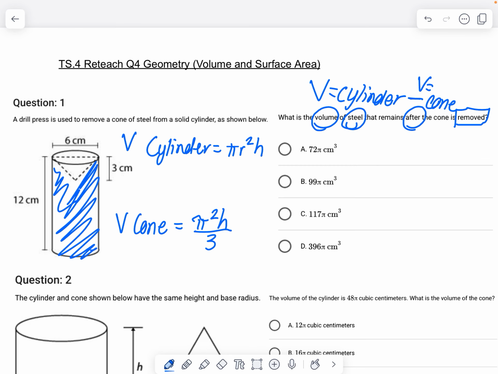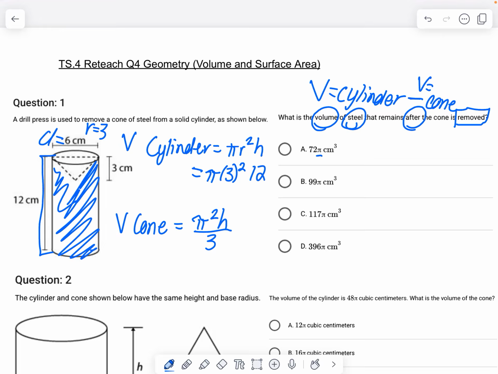Let's solve what's going to be happening over here. For the cylinder, they give me a diameter of 6. I don't want the diameter, I want the radius, so I divide the diameter by 2. The diameter is 6, so 6 divided by 2 gives us a radius of 3. Let's plug in everything: pi times 3 squared, and my height of the cylinder is the whole thing, 12.